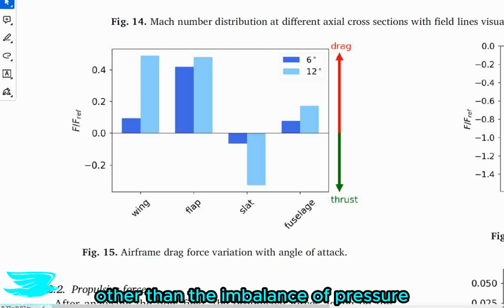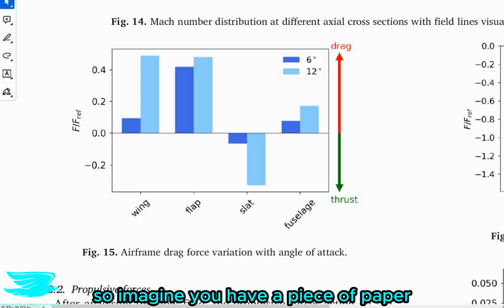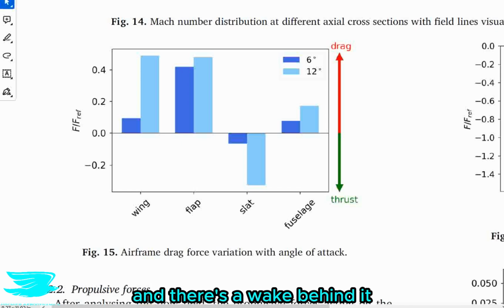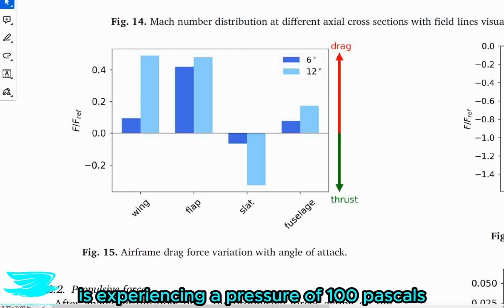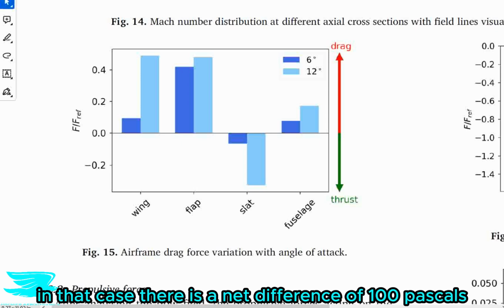Pressure drag is nothing other than the imbalance of pressure upstream and downstream on faces. That imbalance creates a force. So imagine you have a piece of paper and it's vertically aligned with the flow, so the flow is hitting straight onto it and there's a wake behind it. The front face, let's say, is experiencing a pressure of 100 pascals and the rear face is experiencing 0 pascals. Well, in that case, there is a net difference of 100 pascals.